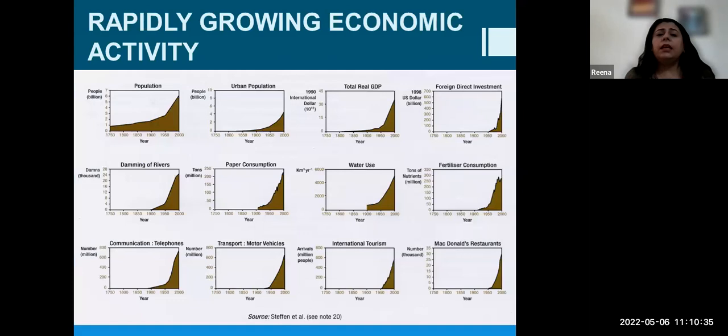So basically, the need is because of the rapid growth in economic activity over the years. You can see how the population, urban population, total real GDP, foreign FDI, and damming of rivers, as well as paper consumption, water use, all these criteria or indicators inform you that there has been a rapid economic growth and activity over the last 3 decades.